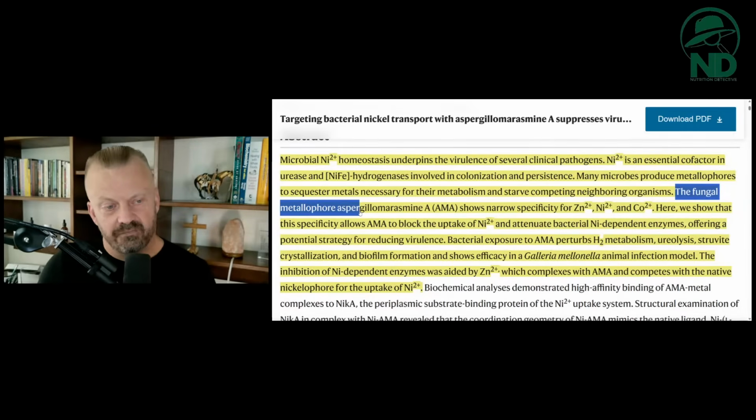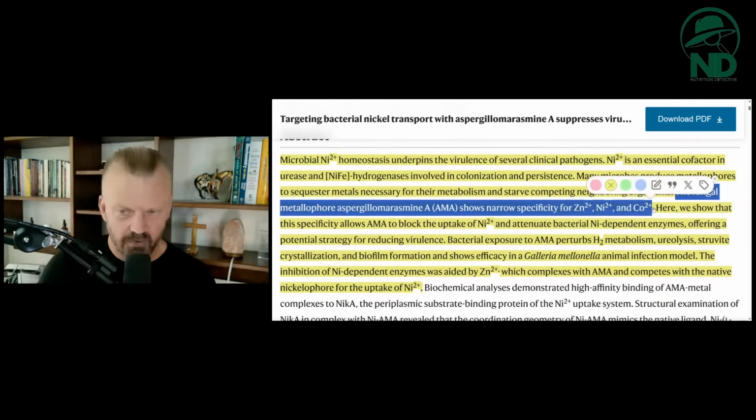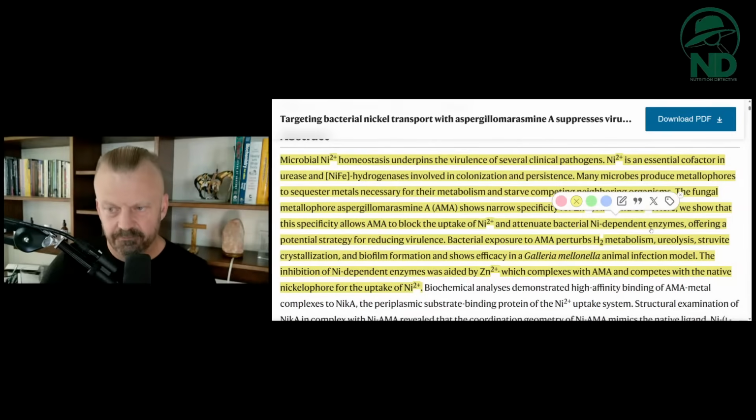The fungal metallophore, made by a fungus, loves metal. Aspergillomarasmine A, AMA, shows narrow specificity for zinc, nickel, and cobalt. Nickel and cobalt come together in sensitivity all the time. And notice that they're all 2+. Remember, these things are similar in size and shape. They have different functions, but that's why these things can grab onto similar things.